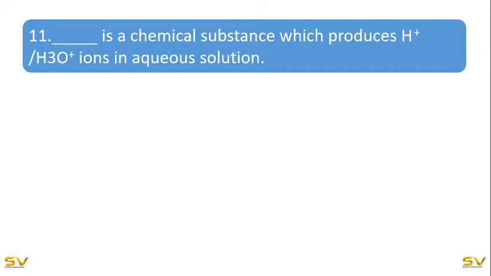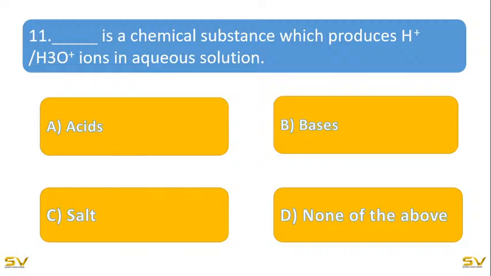Dash is a chemical substance which produces H plus or H3O plus ions in aqueous solutions. So is it acid, base, salt, none of the above? Is it acids?